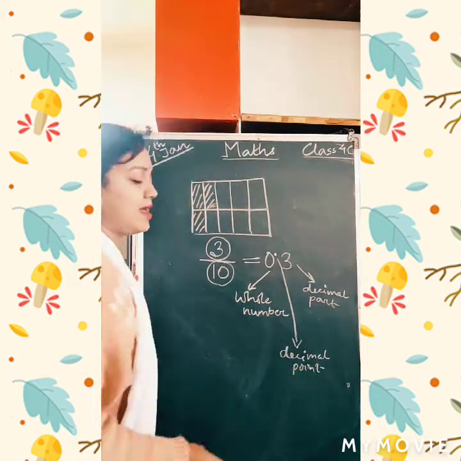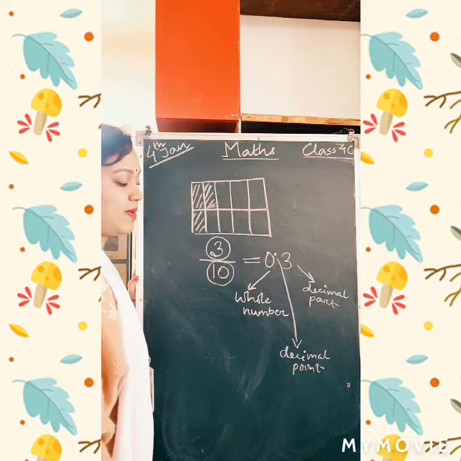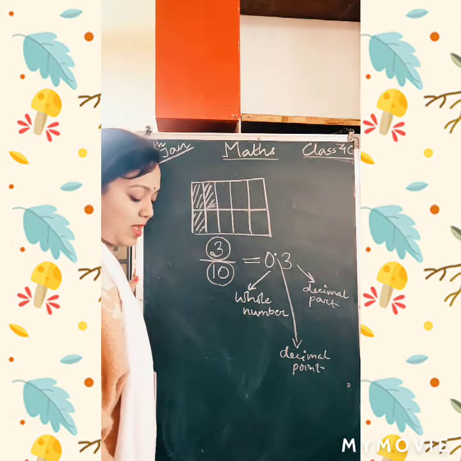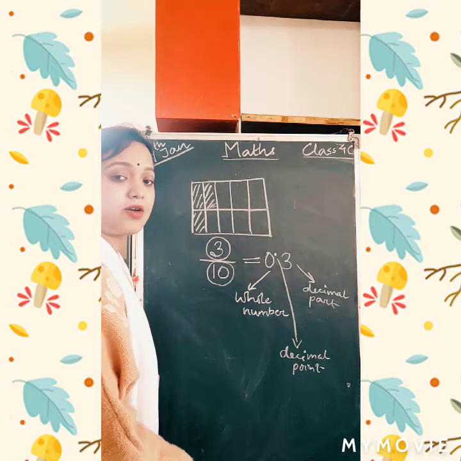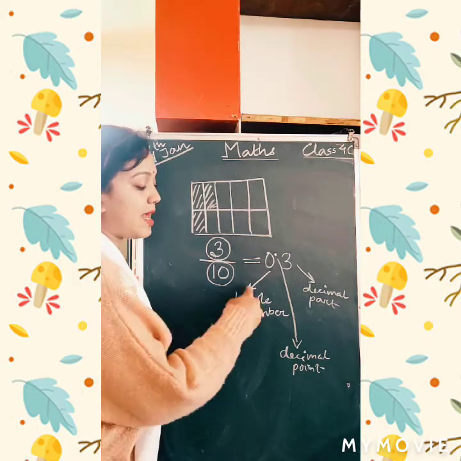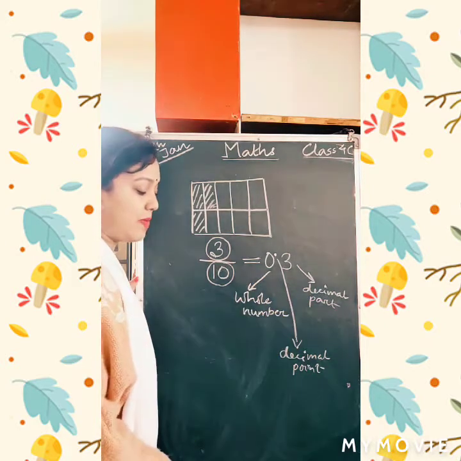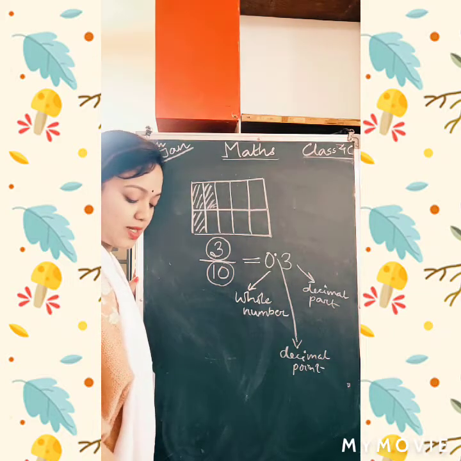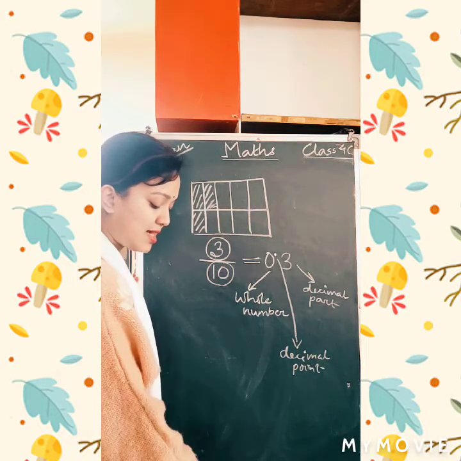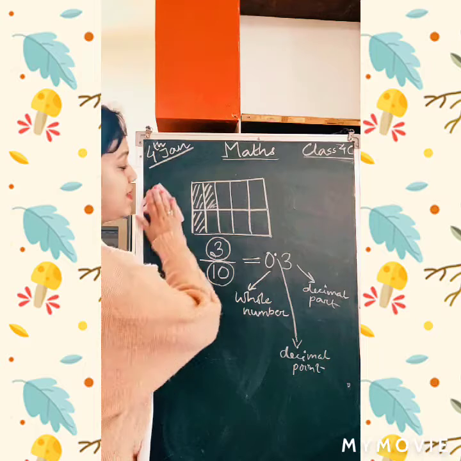So, a decimal number can be represented in this way. The number before the point is the whole number, and the number after the point is the decimal part, and the point is known as the decimal point. Okay. So, these are the basic concepts of decimal.